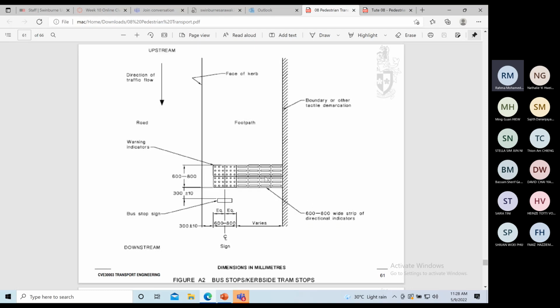Yeah, the same thing. There was a directional tile, there was continuous movement for them, then suddenly the hazard tile, because there is a direction of traffic flow. So in this case, this is a road, traffic flows here, so they will be a bit alert.